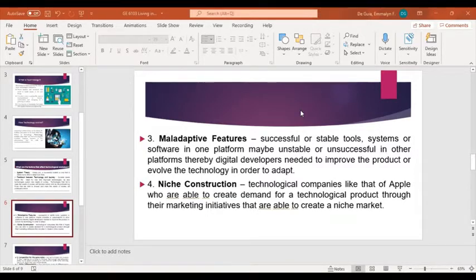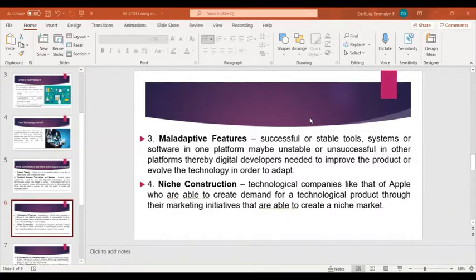That is why our digital developers are improving and innovating every year. It's because of these features. They want to have very good features that can be accessible, easy to use, and functional. And of course, our goal is long-term sustainability. Next factor is niche construction.